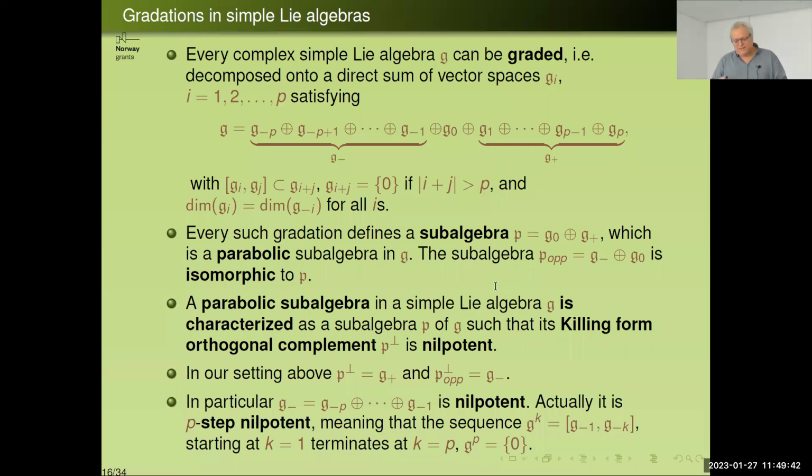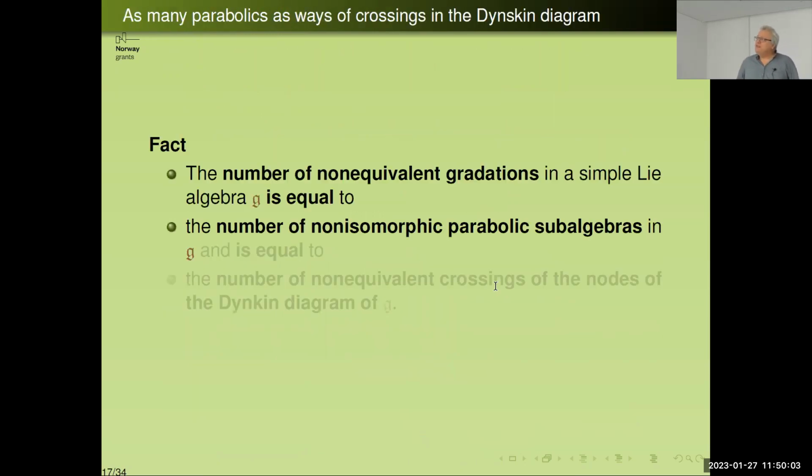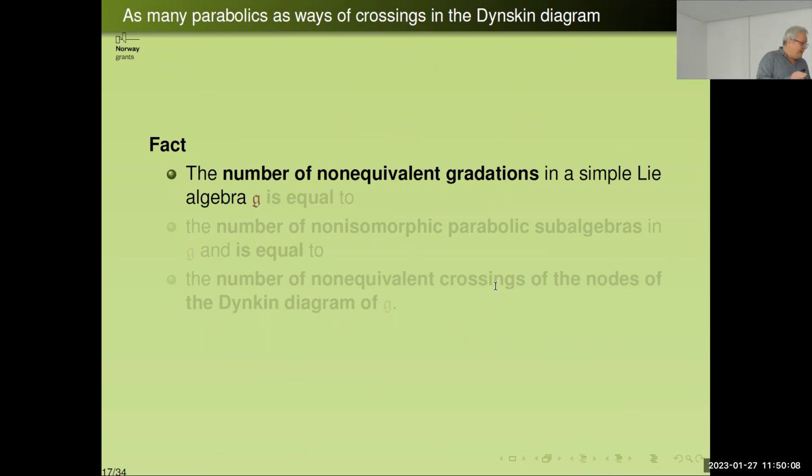What I want to tell you is that simple complex Lie algebras can be graded, you can make a gradation in them, and this gradation corresponds to a choice of parabolic subalgebra in G. Now there is the following fact I will be needing: a complex simple Lie algebra admits a number of gradations, and you would like the number of non-equivalent gradations.